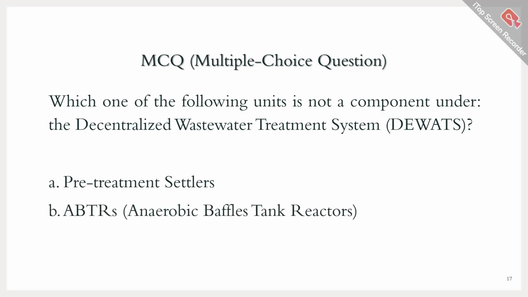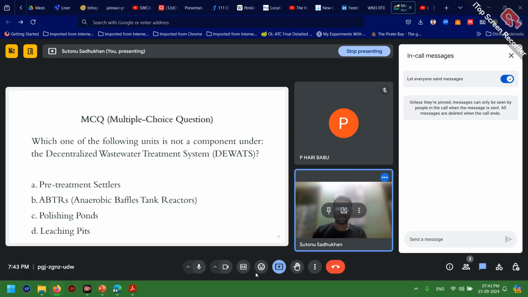Option B is ABTRs or anaerobic baffle tank reactors. Option C is polishing ponds and option D is leaching pits. Which one of them is not a DWATS component? That we have to tell.